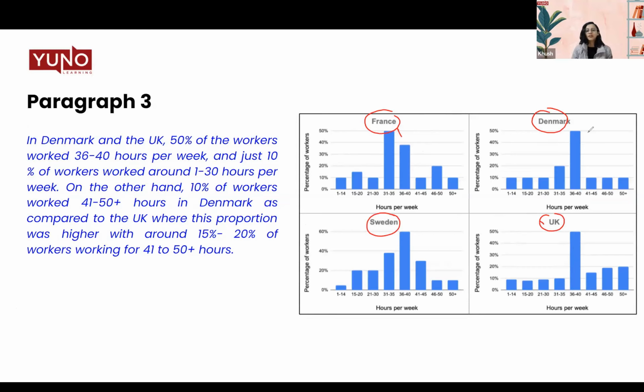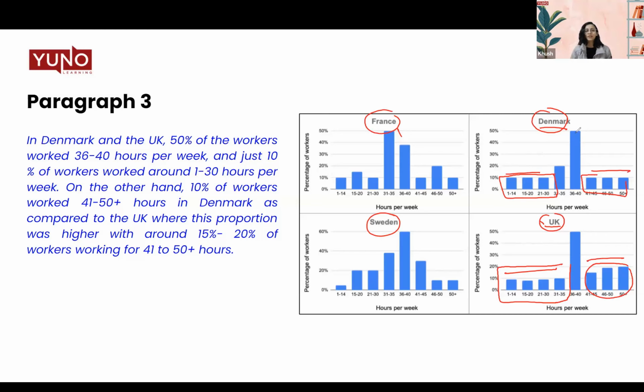For example, if we look at Denmark and UK, we can see there's some sort of similarity here, right? So all of these are around 10 percent. Similarly, these are also around 10 percent. Then these are also around 10, and these are somewhat between 10 to 20. So you can see how there's sort of a correlation between these data.